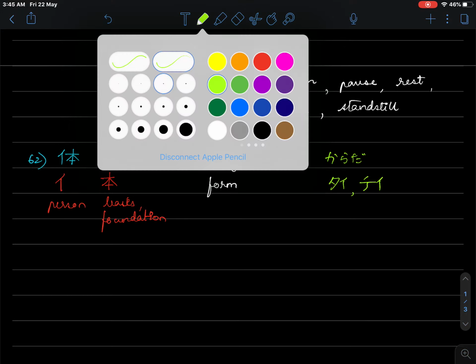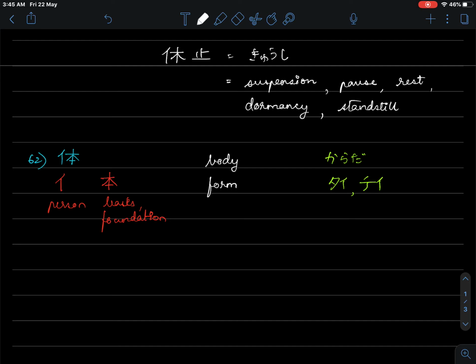Now let's have a look at the words. I hope you remember your kanjis. Okay, this is shintai.